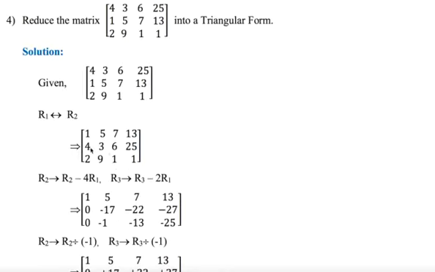What about this? 4R1, right? So 3 minus 20 is minus 17, 6 minus 28 is minus 22, 25 minus 78, 13, 4 minus 42, so minus 27.